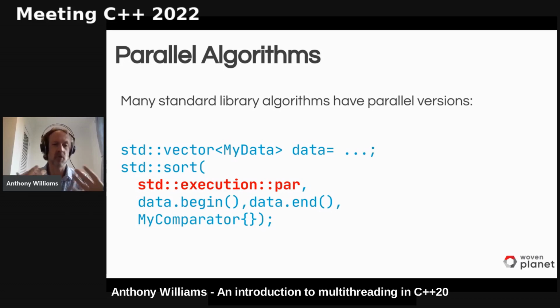And therefore, it will take advantage of the cores. Now, obviously, it's not required to. It is a legal implementation technique to ignore that execution policy and always run single-threaded. And sometimes it's not worth it, because there is overhead in dividing up the data and managing that parallel execution.